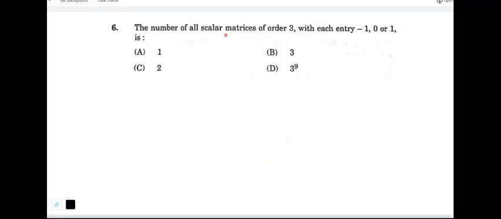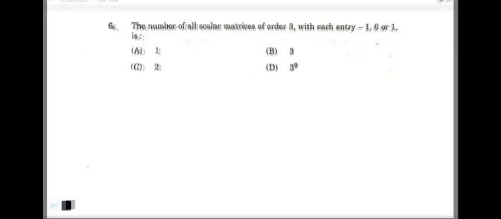Question number 6. The number of all scalar matrices of order 3 with each entry minus 1, 0 and 1.